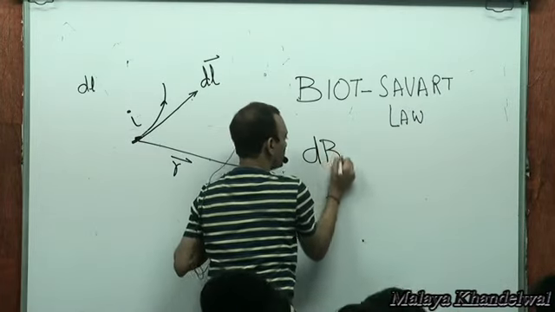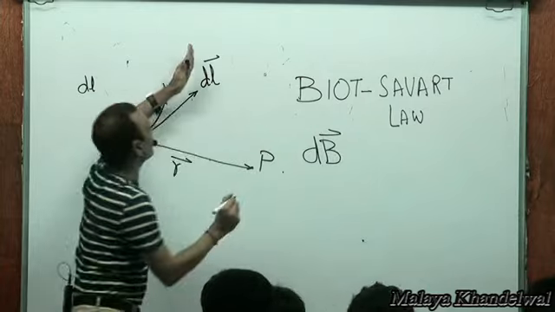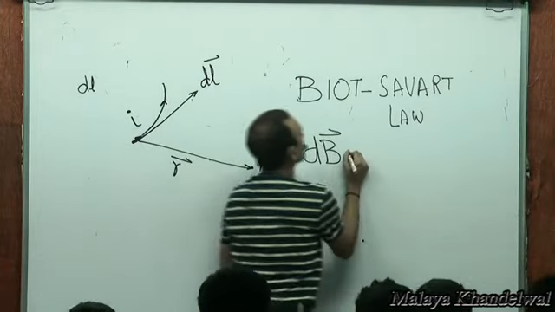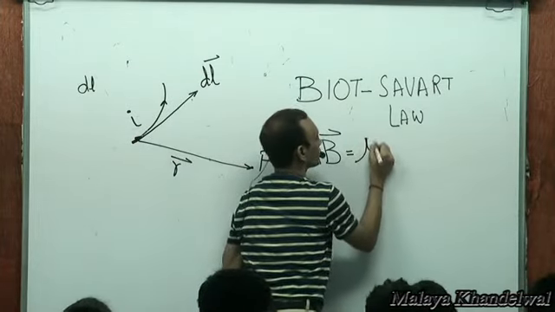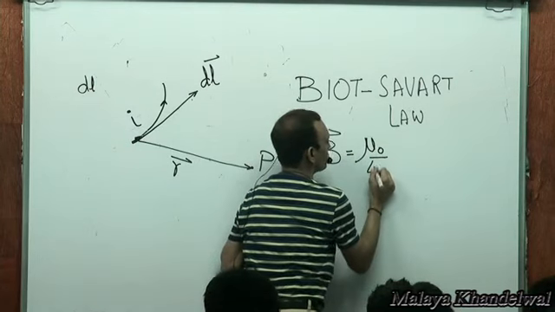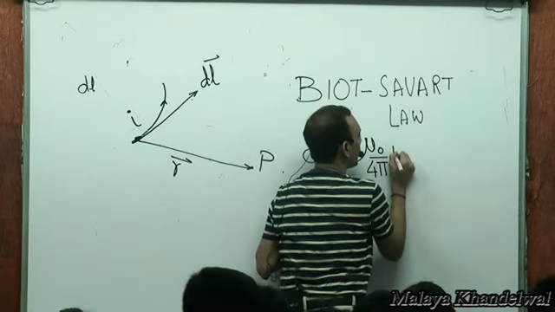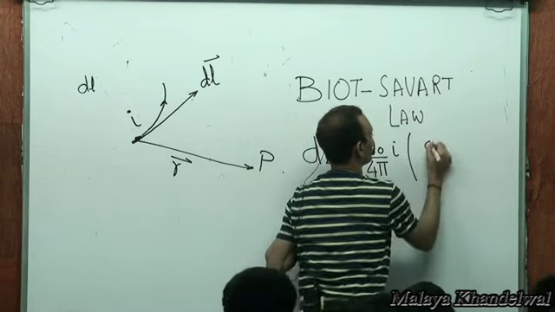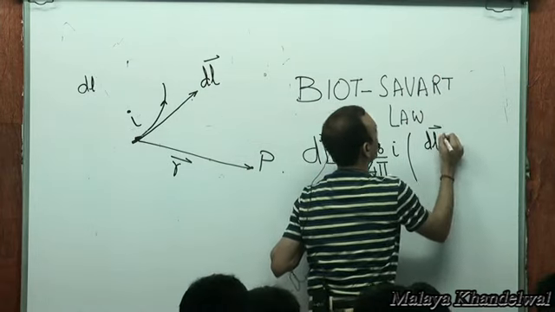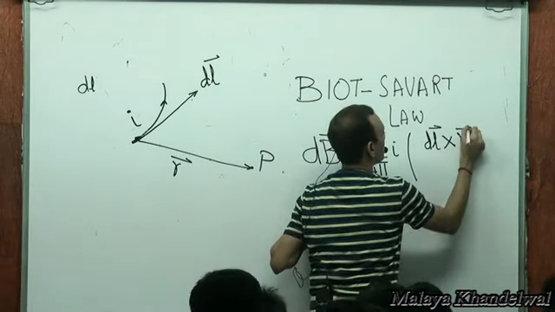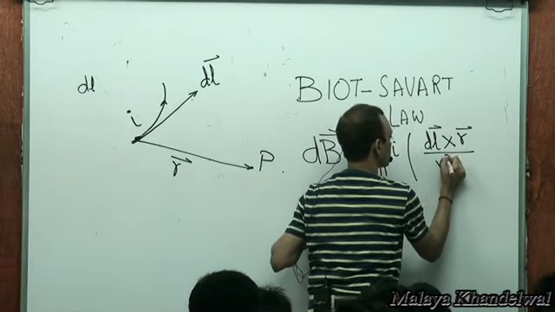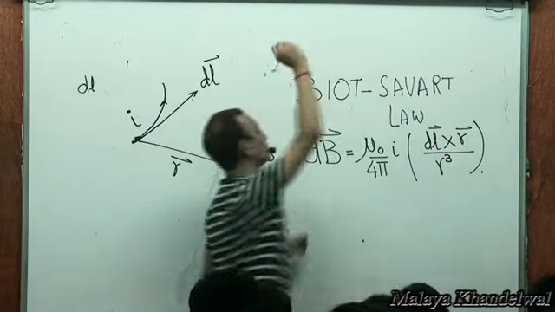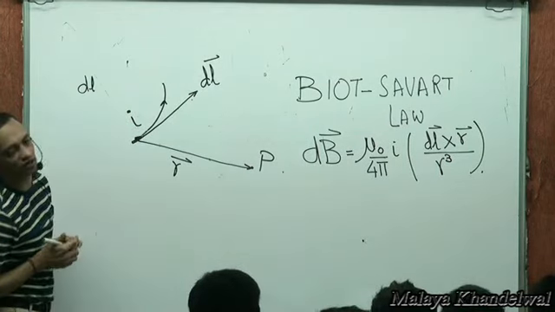The magnetic field dB produced by a small current carrying element dl is given by mu naught by 4 pi, I, dl cross r by r cube. That's Biot-Savart law.